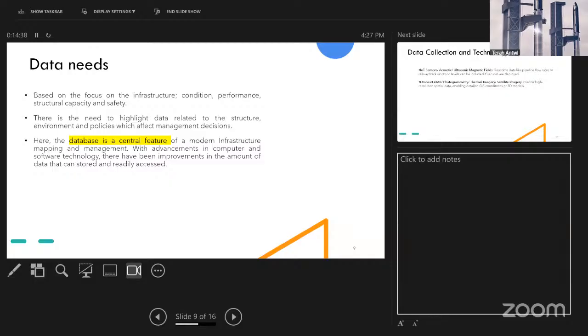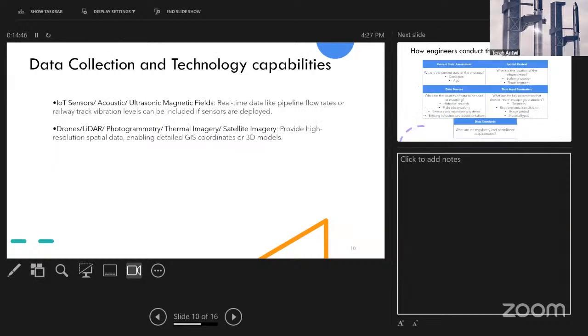So when it comes to data needs, you have to focus on the infrastructure and what you want your mapping to report on. Then we can dive into the database, which is the central feature for mapping and managing these infrastructures. In terms of data collection, there are several sensors. Like I said, I will limit it to modern new technology. So we have IoT sensors.